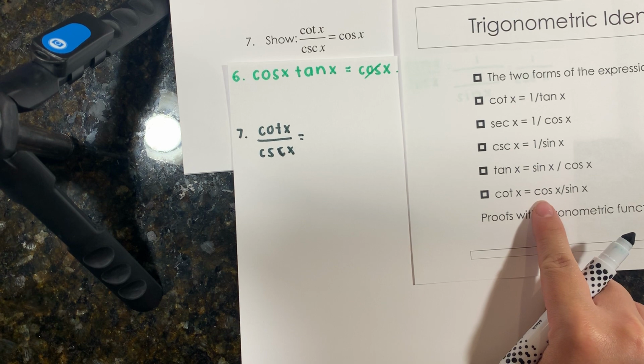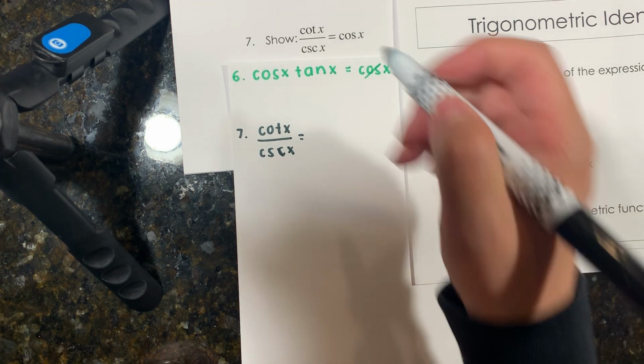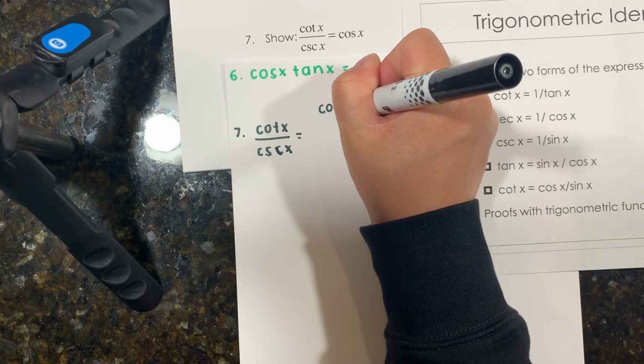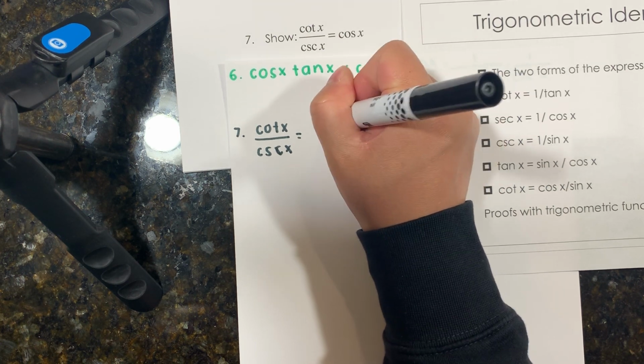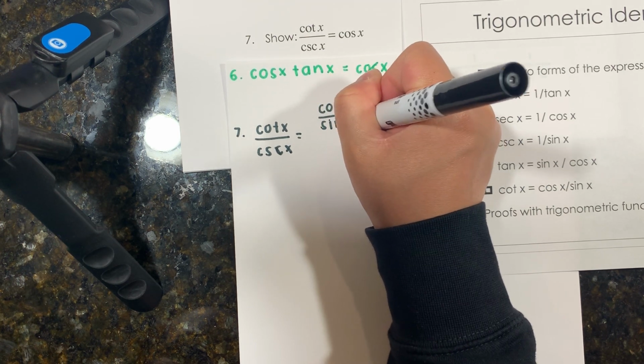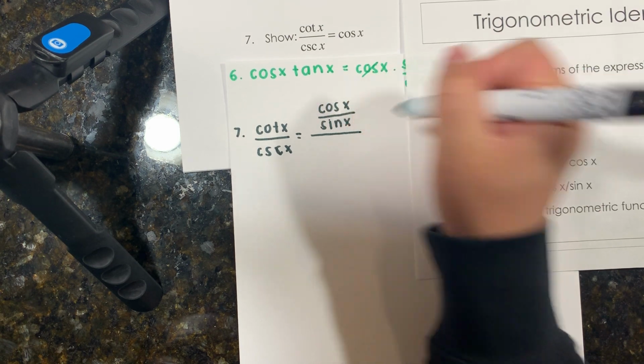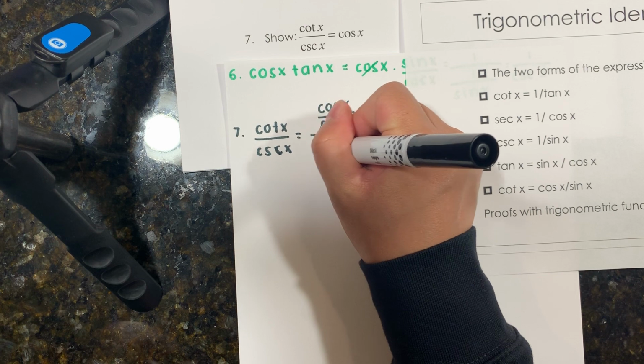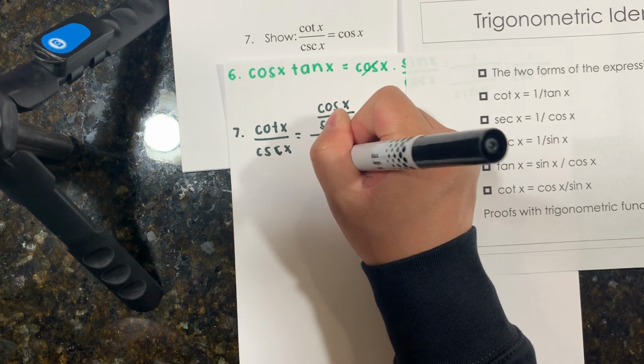Cotangent is equal to cosine over sine. So I'm going to do cosine x over sine x. And then I know cosecant x is the inverse of sine, so that would be 1 over sine x.